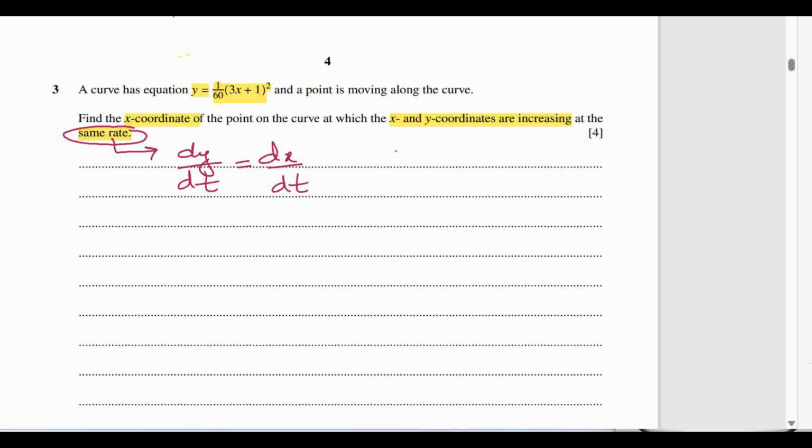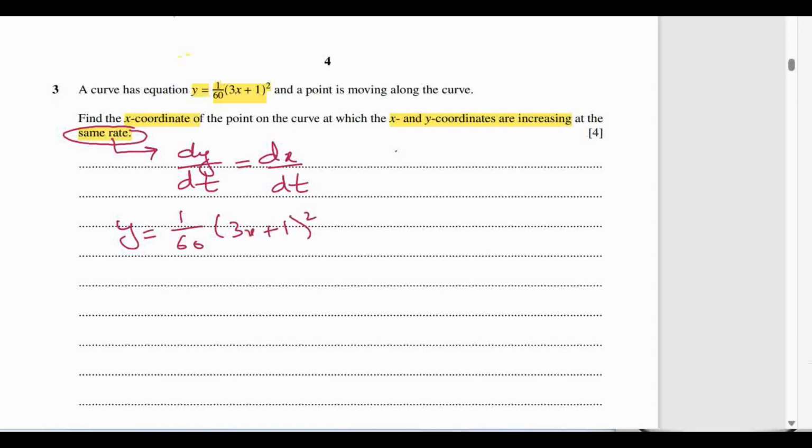Now let's find out. As we know, y is equal to 1 by 60 into 3x plus 1 whole square.